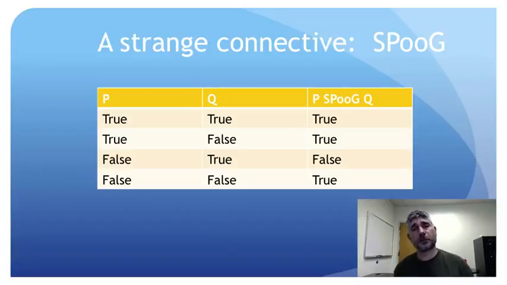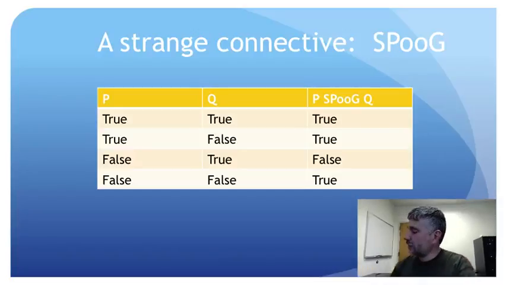It connects two propositions to make a larger proposition, and that resulting proposition, P spoog Q, for whatever propositions P and Q spoog is connecting, is going to be true whenever P is true or whenever both P and Q are false. So the only scenario in which P spoog Q is going to be false is where P is false and Q is true. So that's your hypothesis about what they mean by spoog.